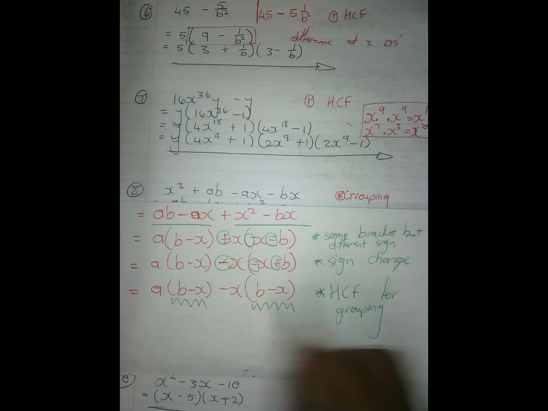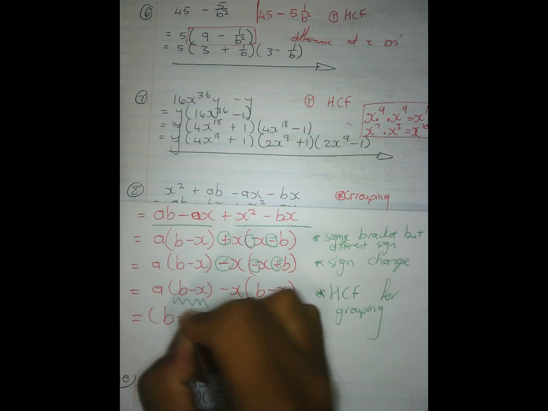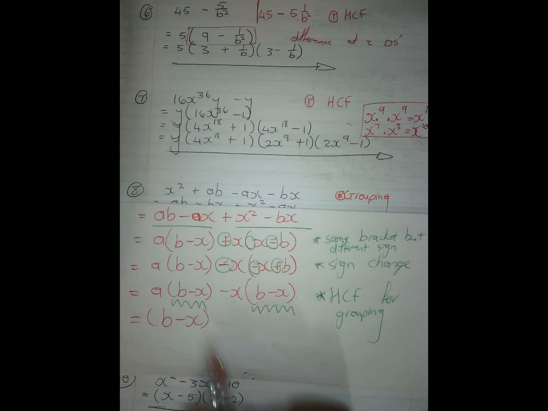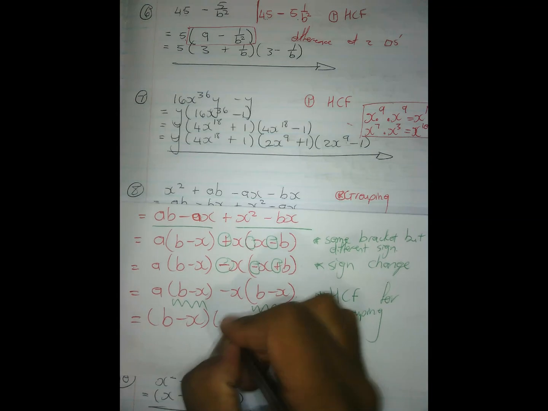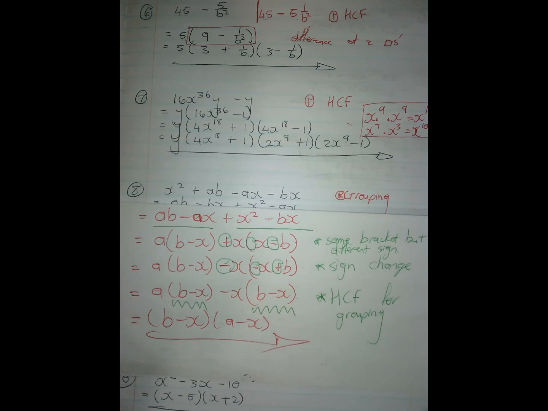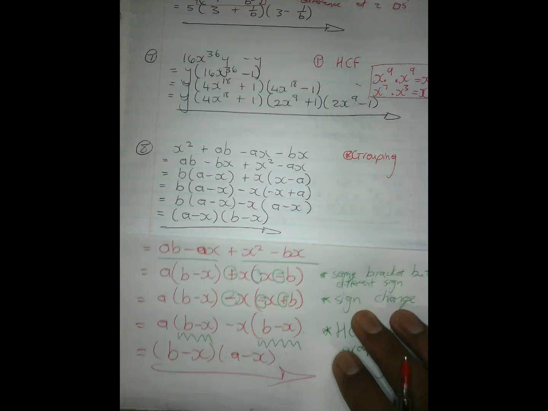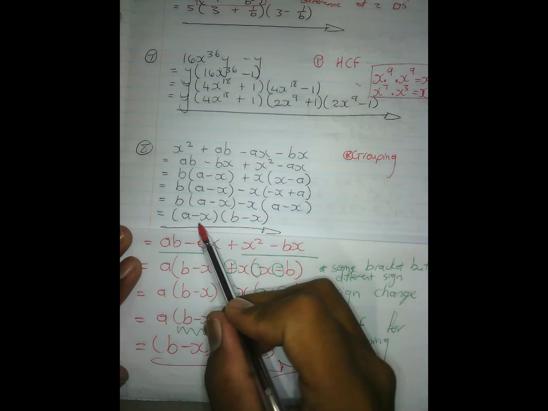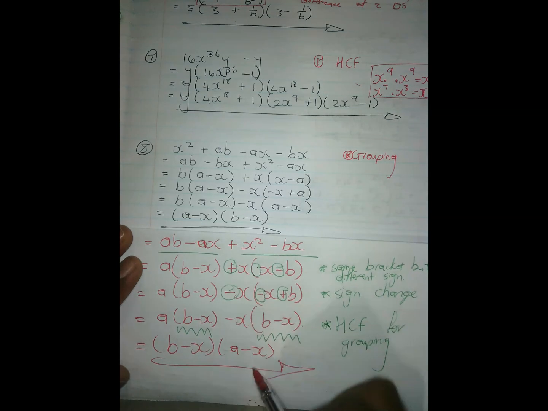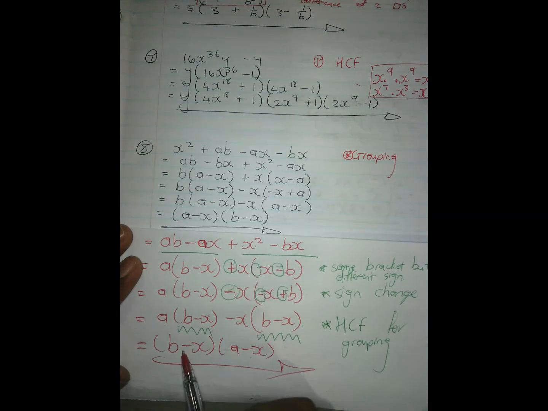So highest common factor is B minus X. So I put it down, B minus X. What's left over is A minus X. As a final answer. And what is the final answer we got? A minus X, B minus X.